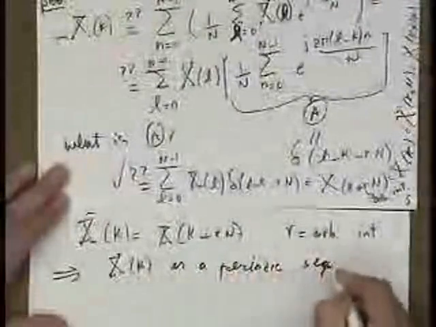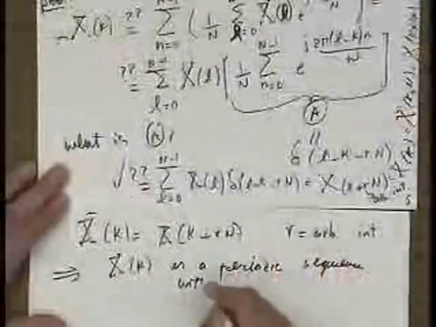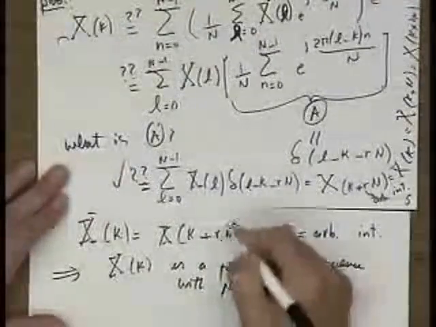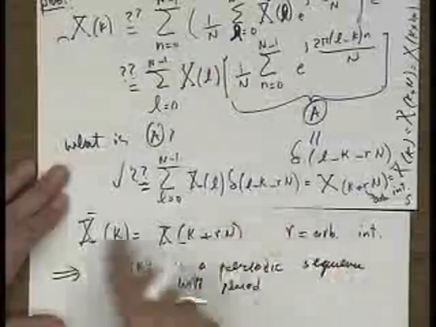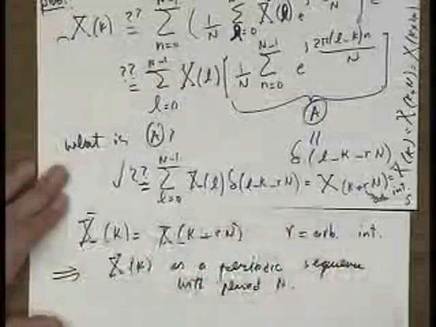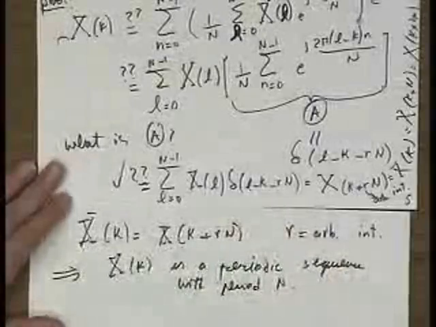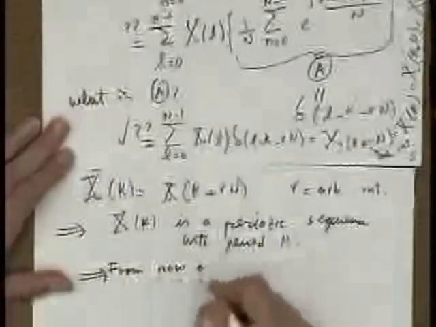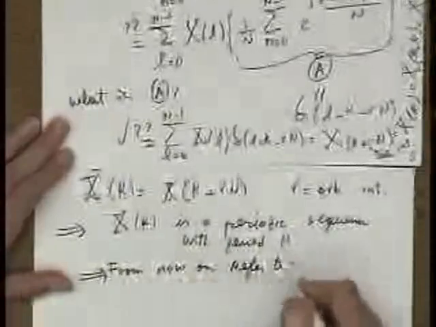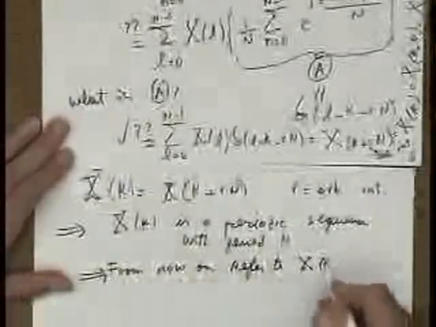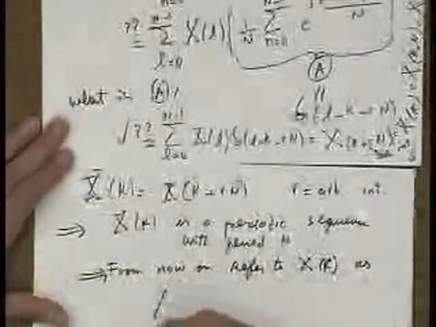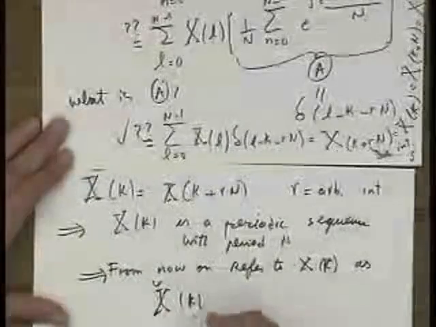And what period does it have? It has period n because it satisfies this relationship. So from now on, because it's a periodic sequence, I'll put a tilde on top of it. It's x tilde of k.